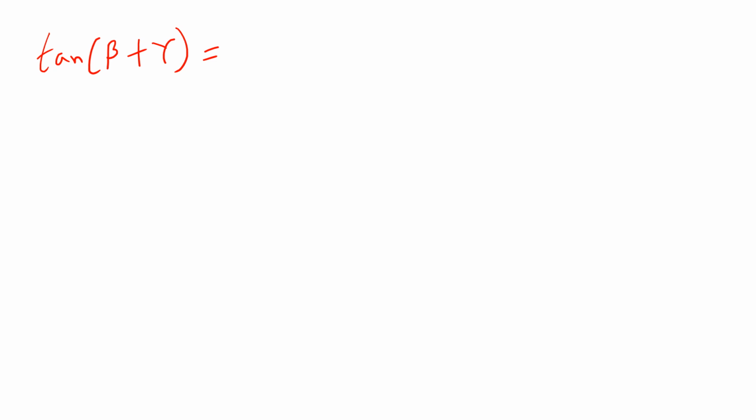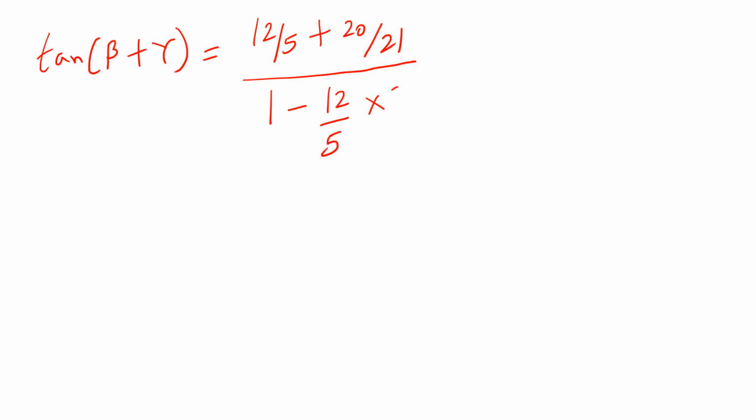So this becomes 12 upon 5 plus 20 upon 21 divided upon 1 minus 12 upon 5 into 20 upon 21. So just do the calculations.